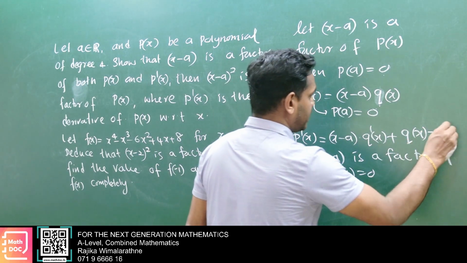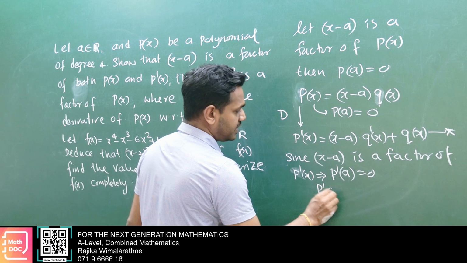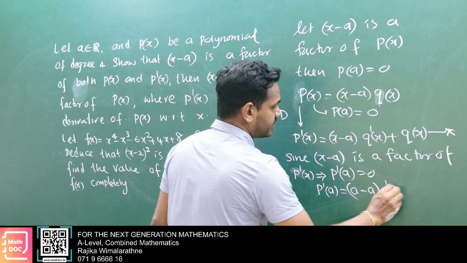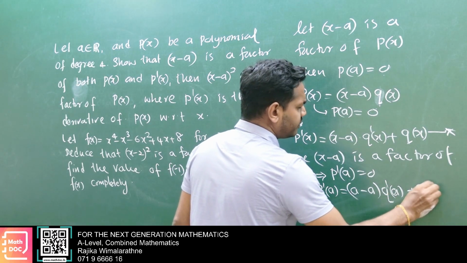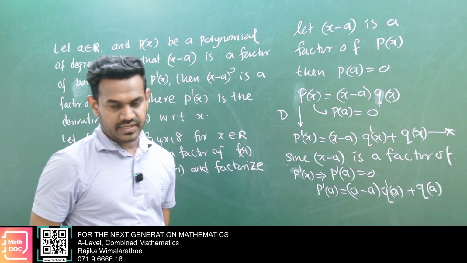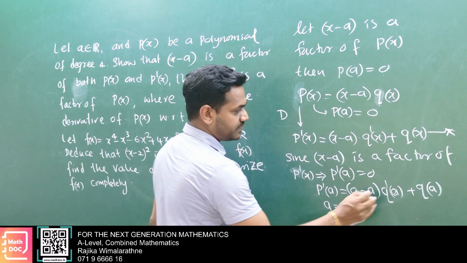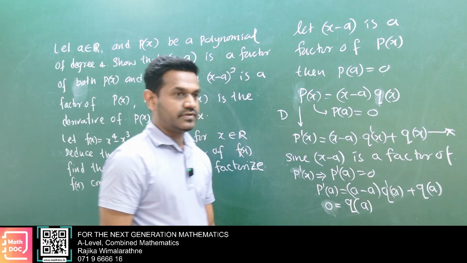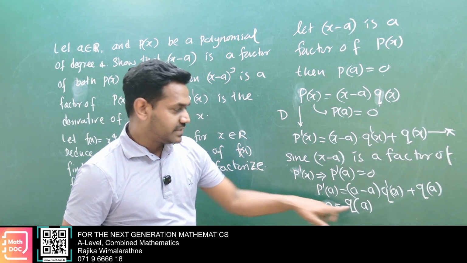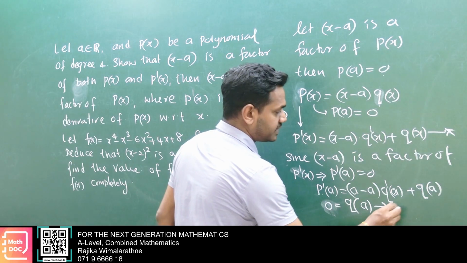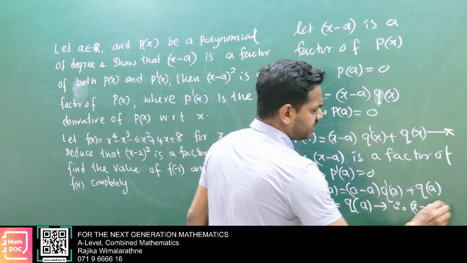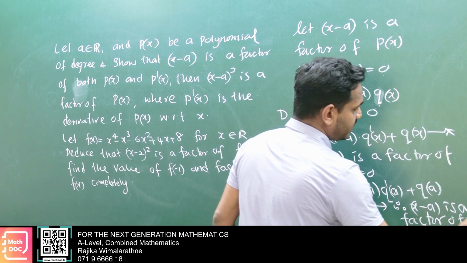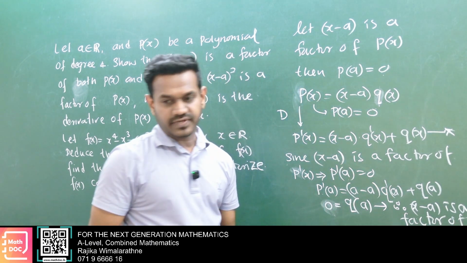Therefore p'(a) equals (a minus a) q'(a) plus q(a). Here p'(a) is 0 and the first part is 0, so q(a) equals 0. Then q(a) equals 0 means x minus a is a factor of q(x).